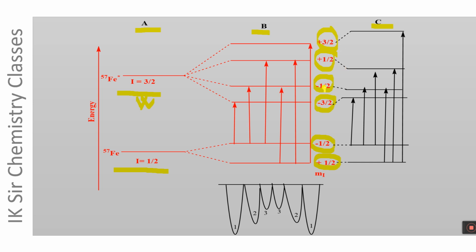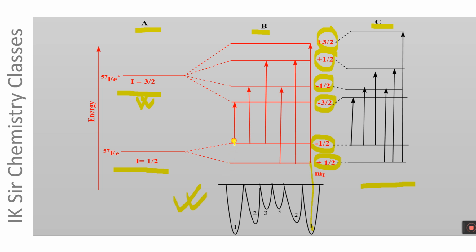On applying electric field along with the magnetic field, the splitting pattern of nuclear energy levels of Fe57 has been represented in part C of the figure, which will be discussed later on. This transition gives rise to an absorption peak. In the lower part of the figure, absorption peaks have been represented arising from different transitions.